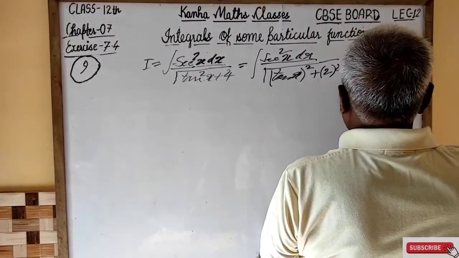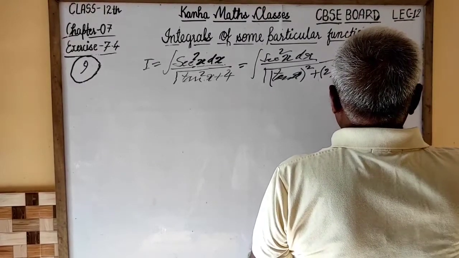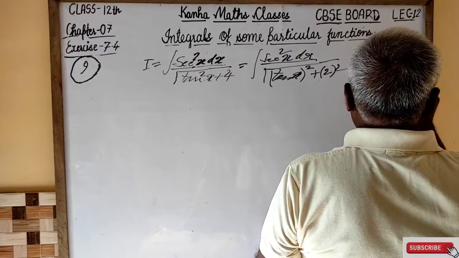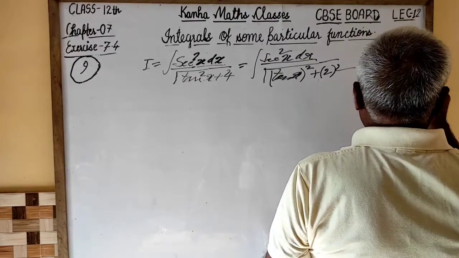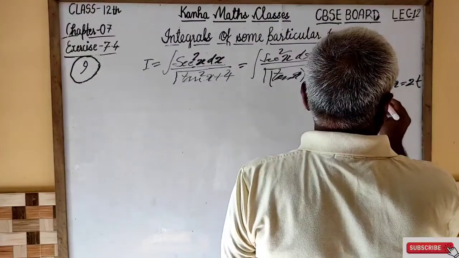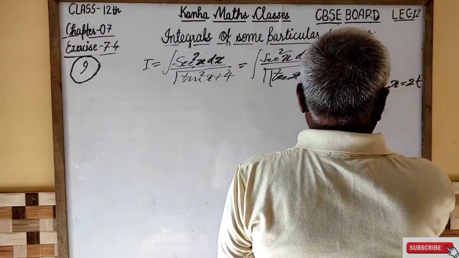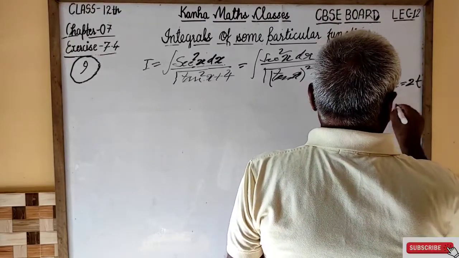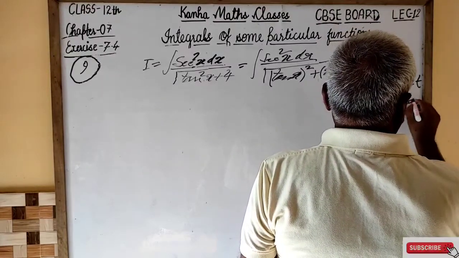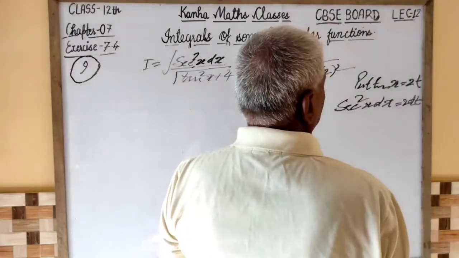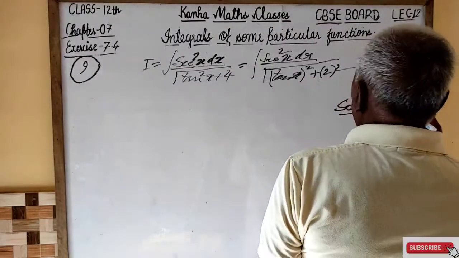Now here put tan x is equal to 2t. Taking the derivative of both the sides, sec square x dx is equal to 2 dt.